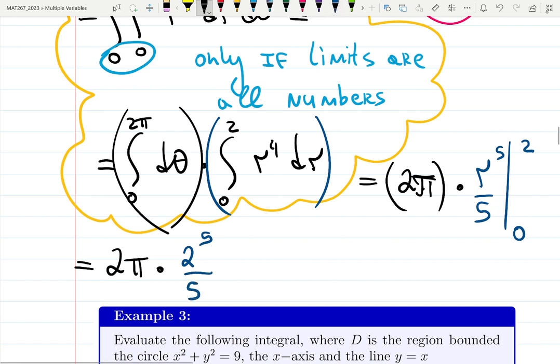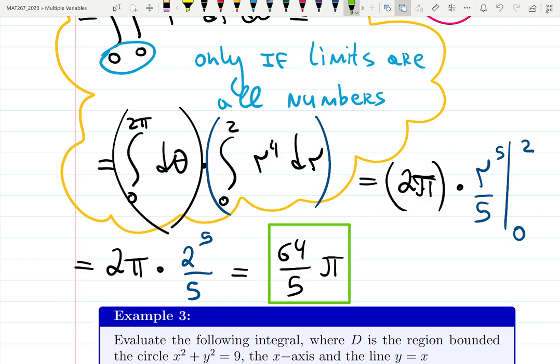Simplify and you get 64 pi over 5. That is the answer. That is a double integral.